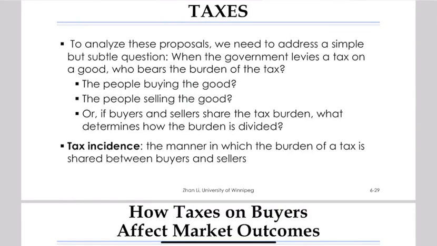Or maybe buyers and sellers will actually share the tax burden. Then in this case, how is this tax burden sharing determined, right? So we're essentially asking about the question of tax incidence. That is, how the burden of tax is divided, is shared between buyers and sellers.